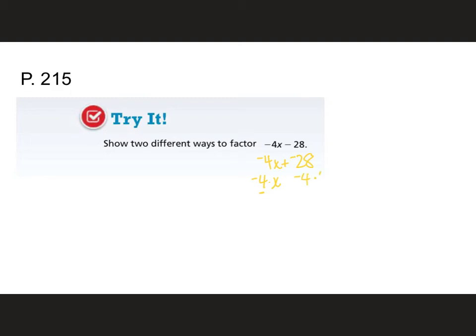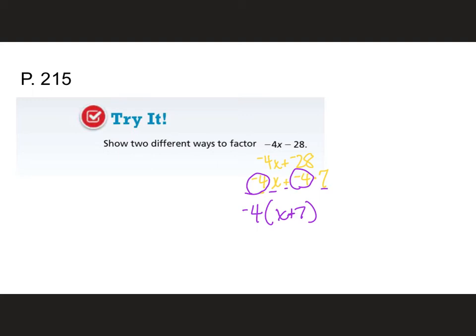Well, negative 4 times 7 is negative 28 because negative times a positive is a negative. So then I've chosen to make negative 4 my common factor. So that comes out, negative 4. And what's left? x plus 7. So that's one way to factor this.